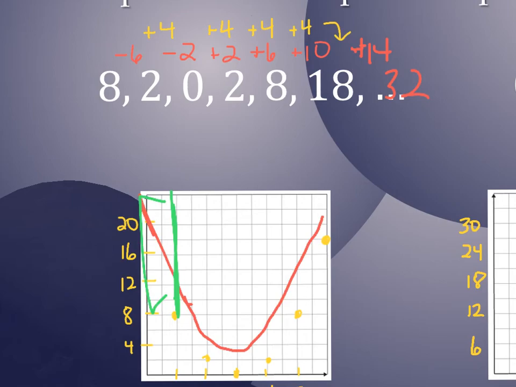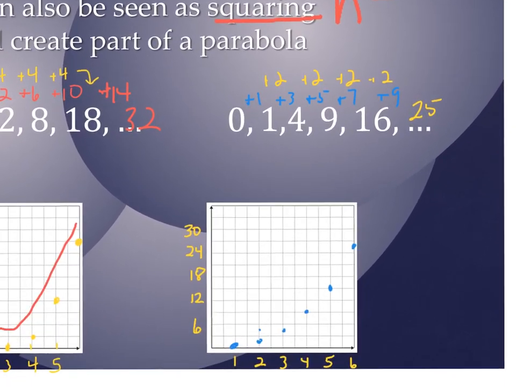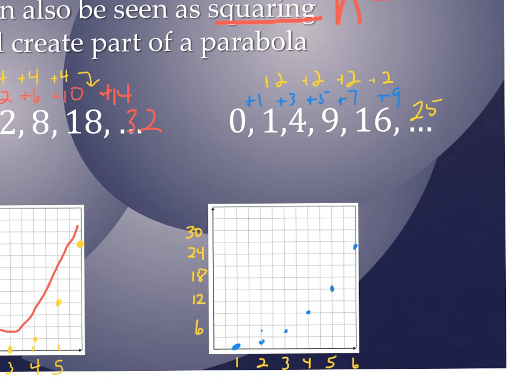Then if we look at the other one, which was 0, 1, 4, 9, 16, you can see that this is going to be the term number minus 1, squared. So this is term number minus 1, squared, not term number minus 1 squared. Term number 1 would be 1 minus 1 squared, which is 0.